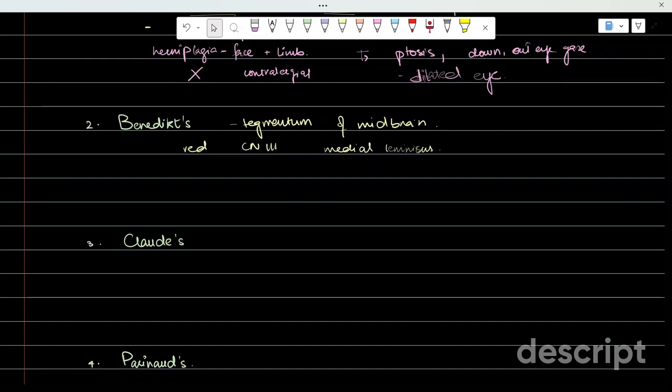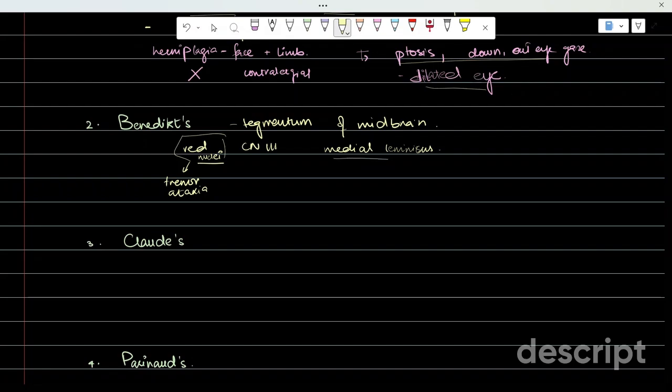So this will then result in ipsilateral oculomotor palsy, along with contralateral tremor and ataxia. This was important for coordination and balance. The red nucleus controls the rubrospinal pathways, so it plays a side role in coordination. And if there's a loss, it will result in tremor and ataxia.